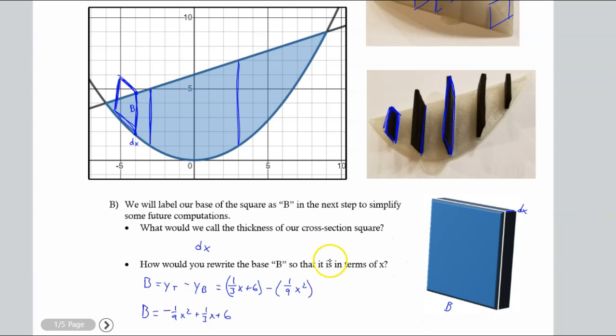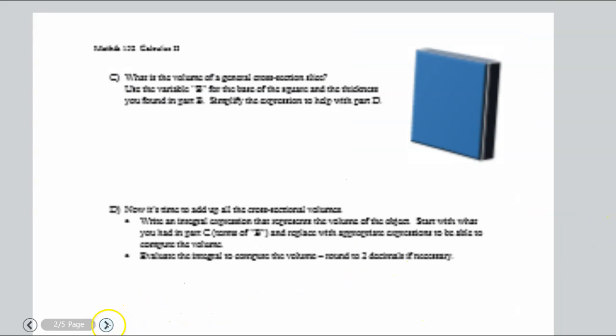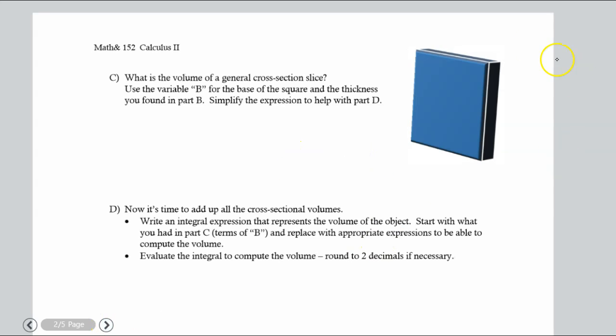The next part is looking at what is the volume of this cross section. We got the length of one of the sides, which was b. What is the volume of that? If I think about this in terms of b, I have a b on the bottom. This is a square, so we got a b going up the side, and then this was my dx.